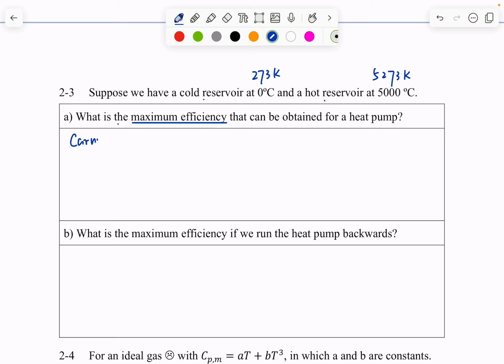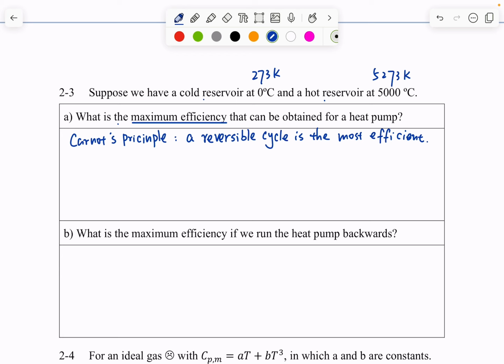So remember Carnot's principle: a reversible cycle is the most efficient one. So what do we have?